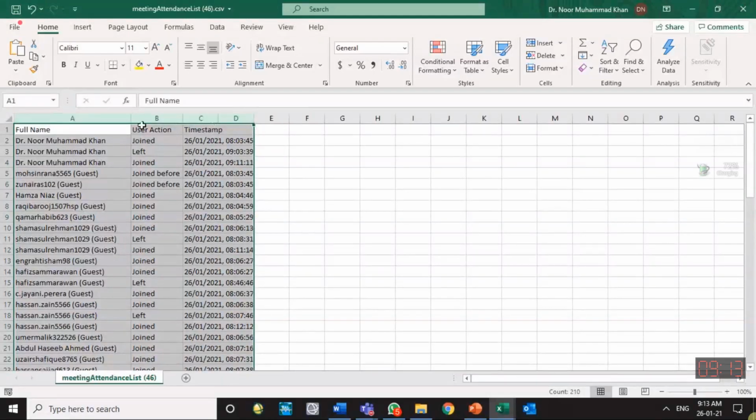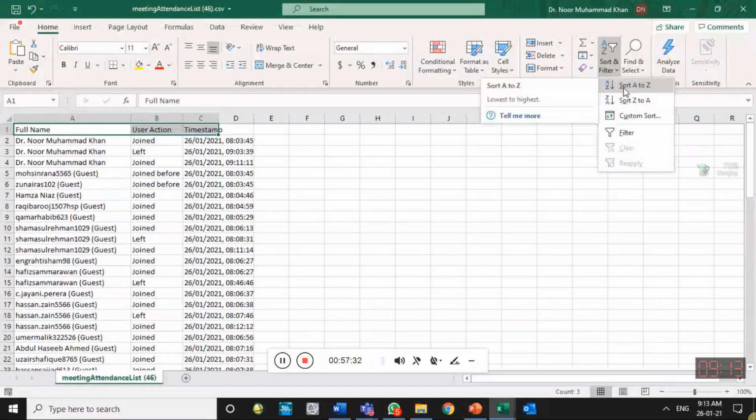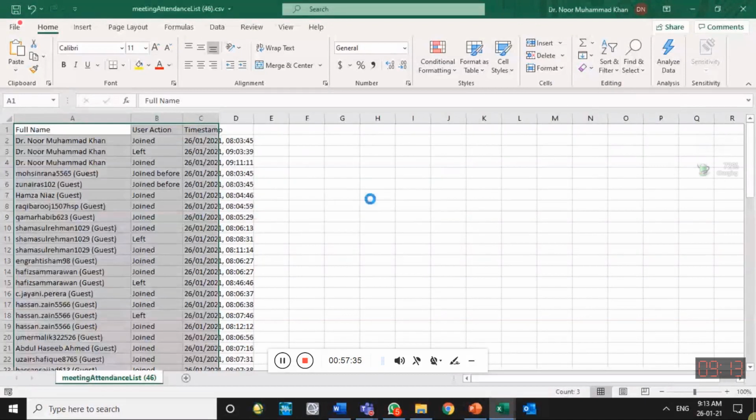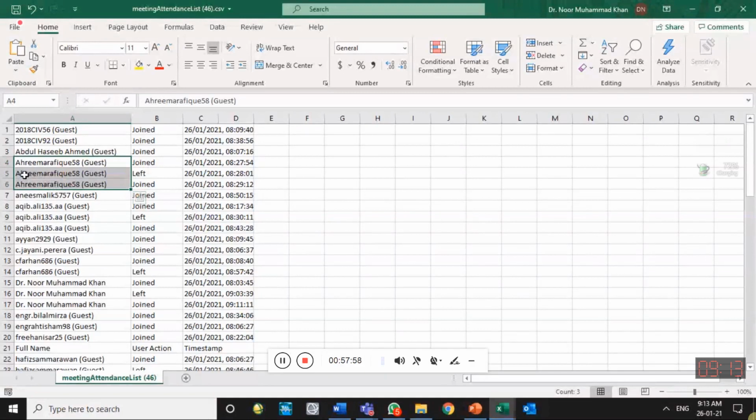See here, you can see who joined late. Sort the data. So this, for example, Rafiq, whatever his name.